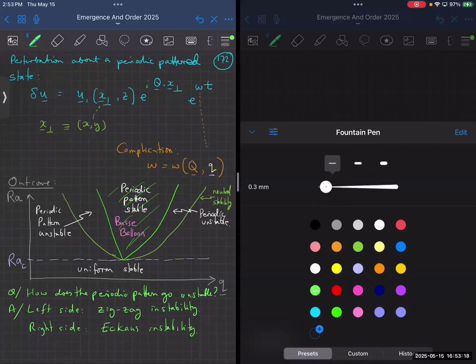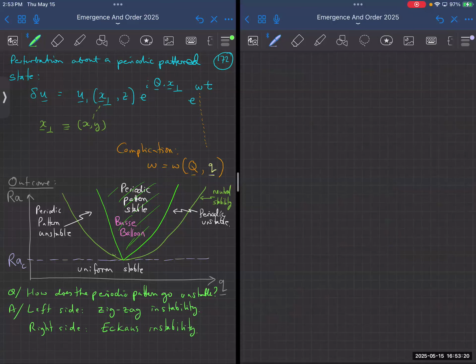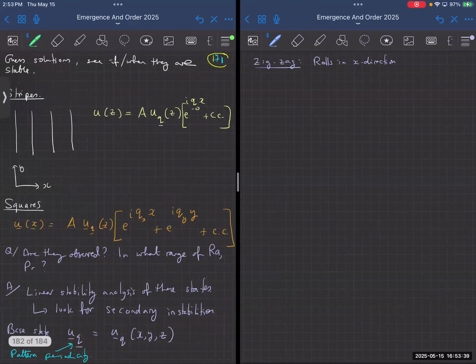And let me show you a sort of cartoon picture of what these things look like. So in the zigzag instability, what we're looking at are periodic rolls in the x direction. So that was the first, the striped phase, if you like. That's the one I've shown you over here.